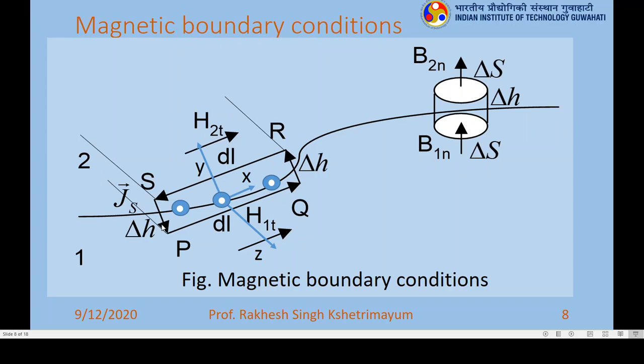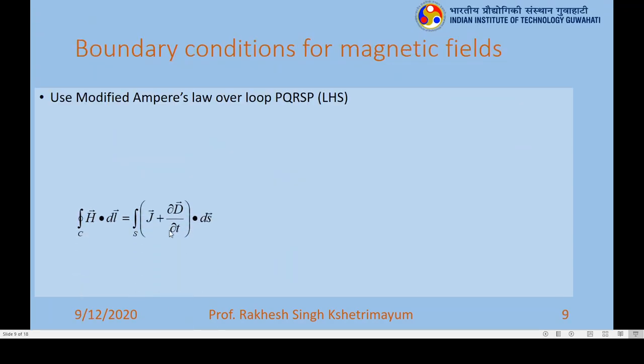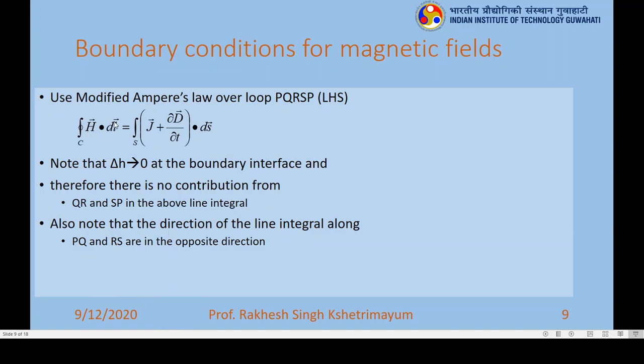And we will not have any contribution from the delta h SP portion because delta h is tending to 0. So the final equation for the left hand side, the contribution from PQ and RS, becomes H1t l minus H2t l. Let's look at the right hand side of the Maxwell-Ampere's law.